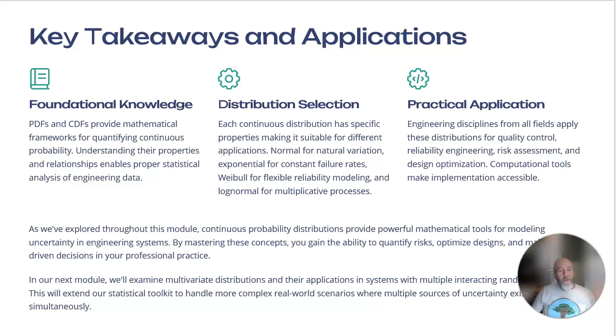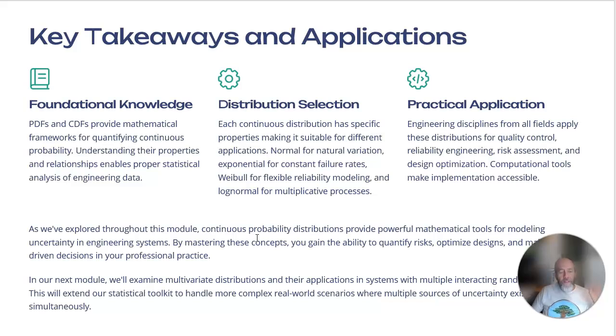So your key takeaways: PDF, CDF. That's the basic mathematical framework. Knowing how to select a good distribution to fit the type of data that you have, and then applying it to the scenarios where it applies. That is the bottom line for engineers.